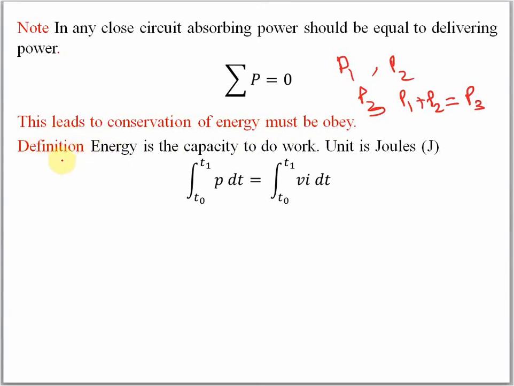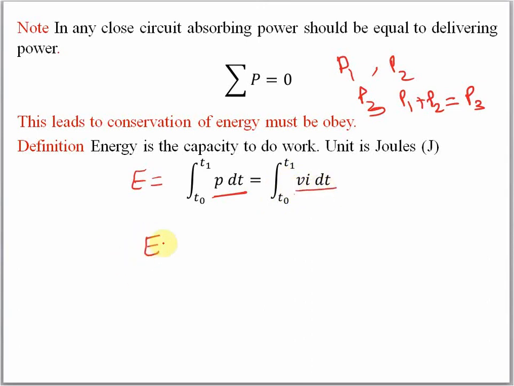Let's talk about the definition of energy. Energy is the capacity to do work. The unit of energy is joule. We can write E equals the integral from t0 to t1 of p dt, which is also the integral of V into I dt.